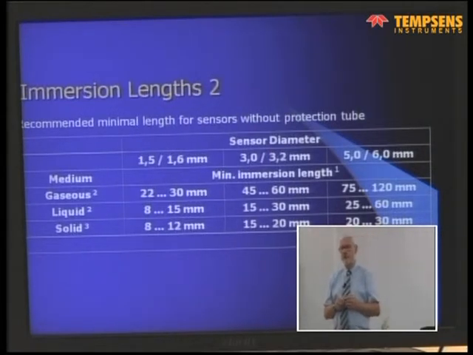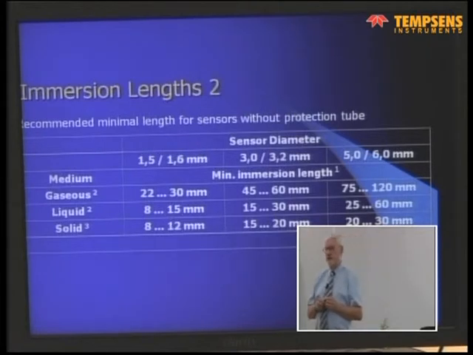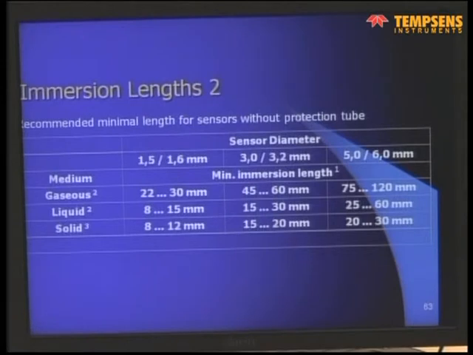But for any immersion length below 10 times the outside diameter, you must take into consideration a remarkable error due to the heat dissipation from the measuring tip. And it is the same for thermocouples and for RTDs. And for RTDs, to the minimum recommended immersion length you normally have to add the length of the sensing element. So for RTDs, essentially, you need more immersion depth than for thermocouples.